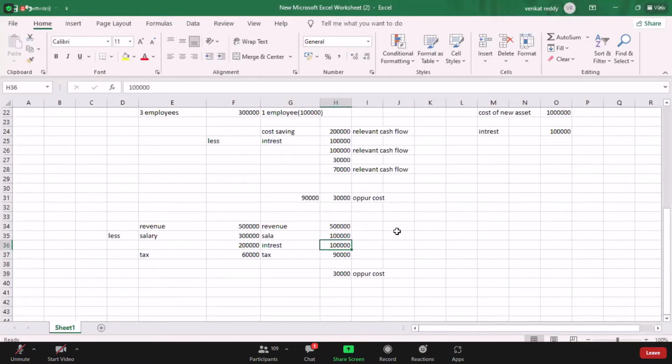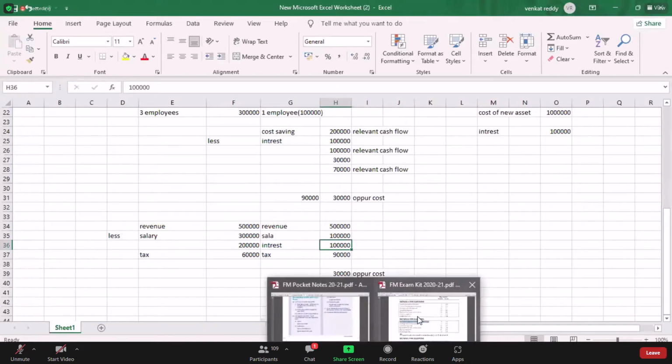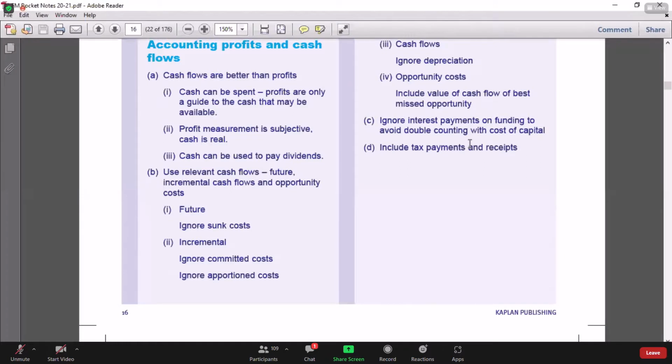So that's why I considered the interest. If that information is missing, we cannot consider the interest for calculating relevant cash flow. So this is what statement C says. Okay. Any other queries?